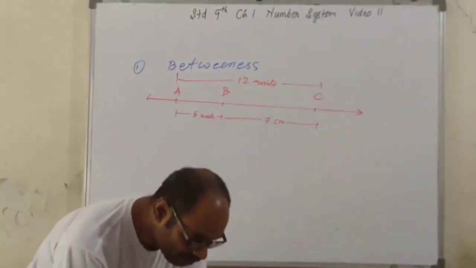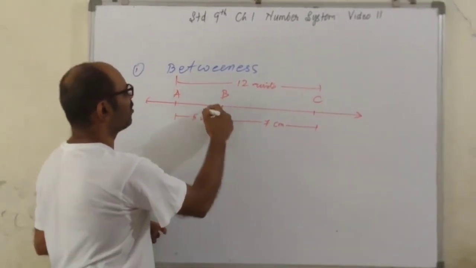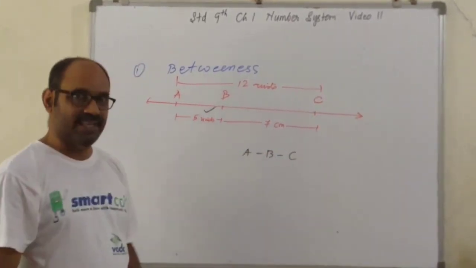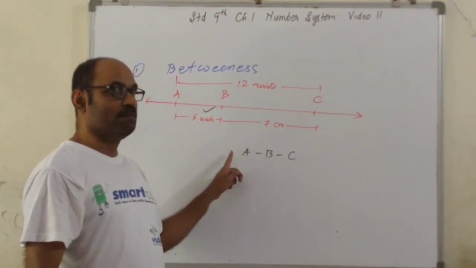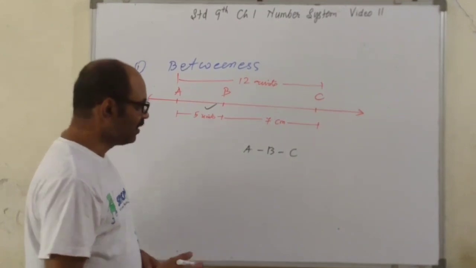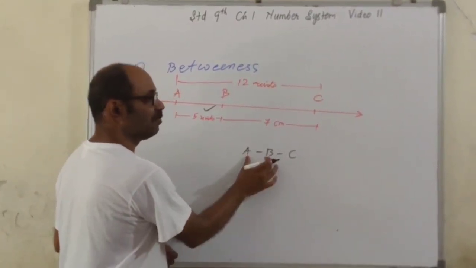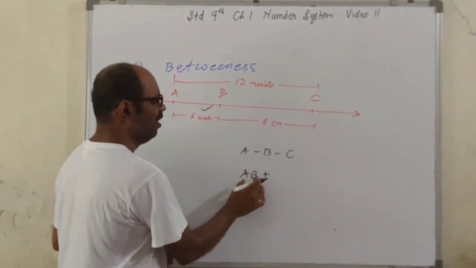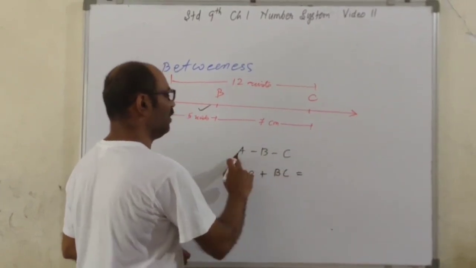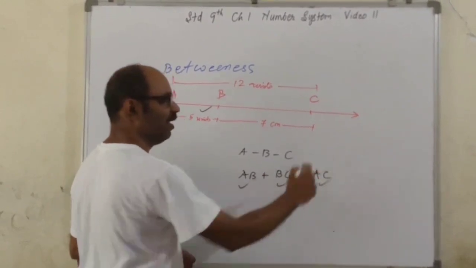So what is the result of betweenness? इसको symbolically ऐसे लिखते हैं, A-B-C, which means B is between A and C on the same line. Second, the distance between A and B, that is AB, plus the distance between B and C, that is BC, is equal to the distance between A and C, AC. 5 plus 7 is equal to 12.